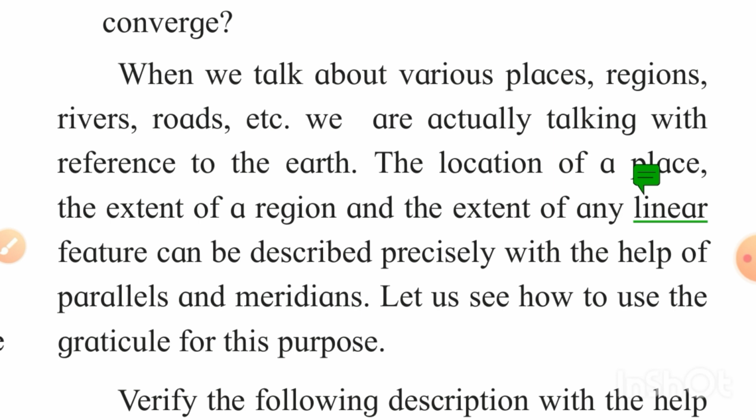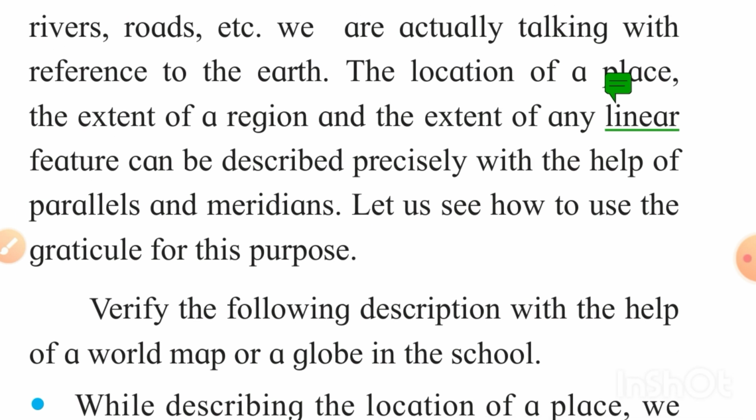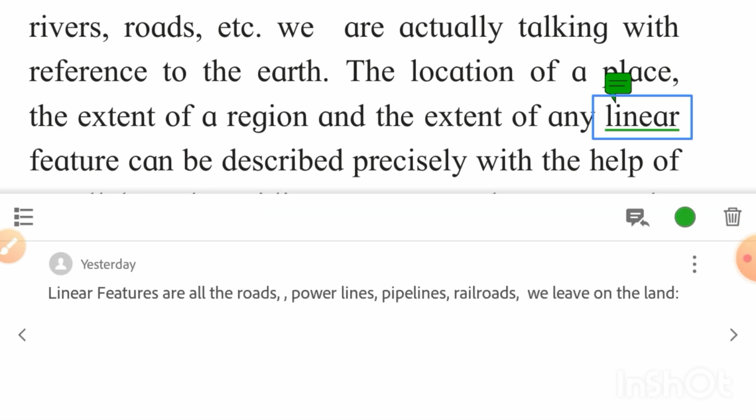So we generally talk about places like maybe Delhi city, Taj Mahal, regions of Australia, rivers like the Nile, roads, etc. Linear features means all that man has created, like roads, power lines, pipelines.